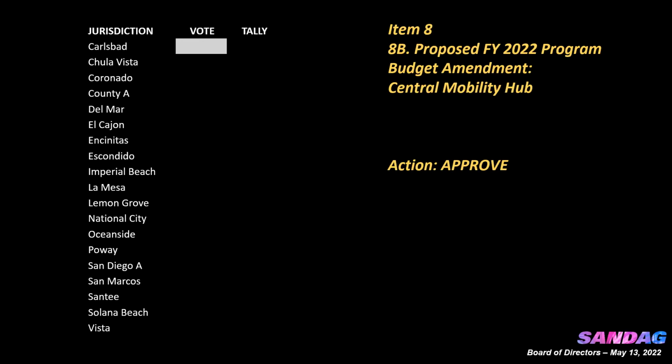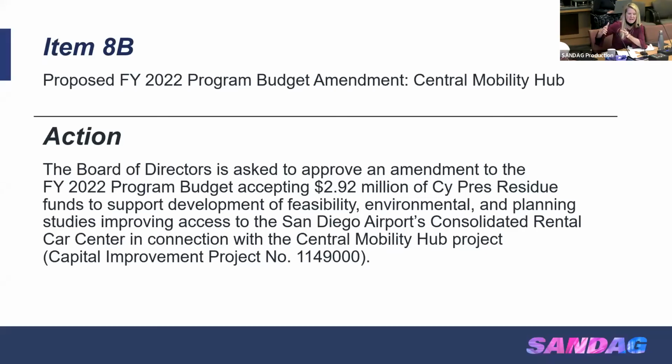Explain here. So on the agenda, there's two items, A and B. Item A is the workshop discussion that we just had on this airport connectivity. Item B is a proposed budget amendment, and the budget amendment is to accept funds that came out of a lawsuit.